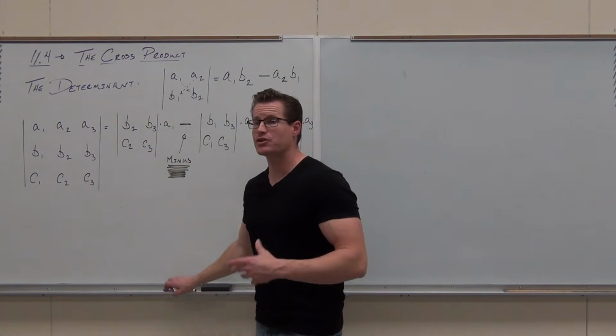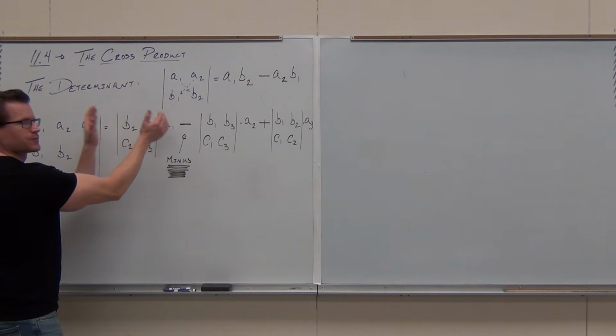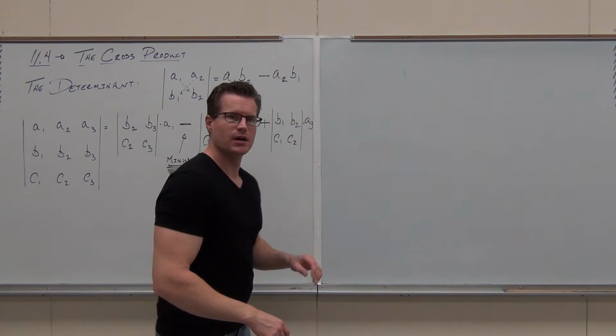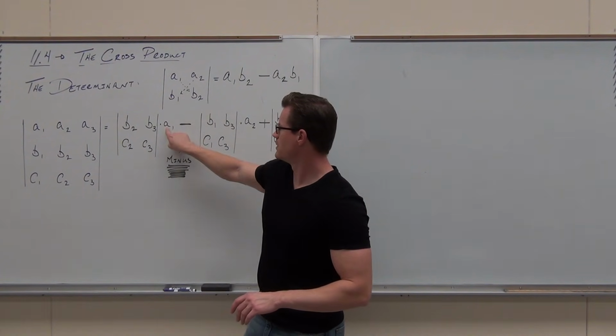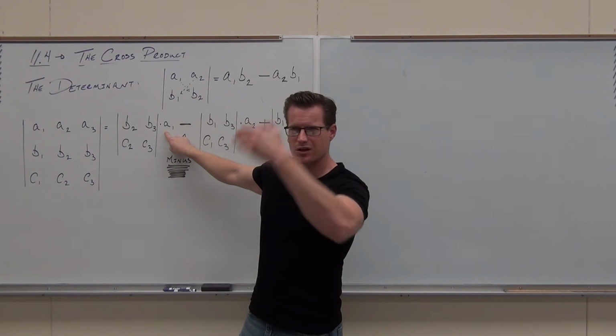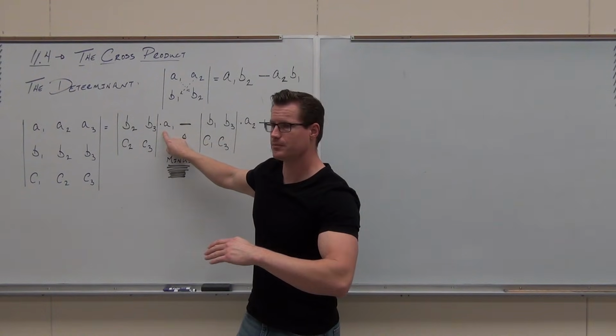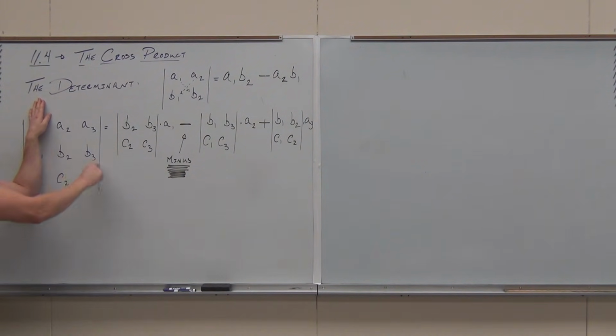So here's the way to go about doing this. If you want to calculate this first number, the idea is to cover up the column that has that number in it. This works all the time. Cover up that column, and what that leaves you with is this matrix.